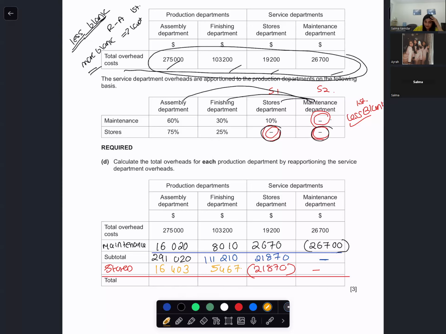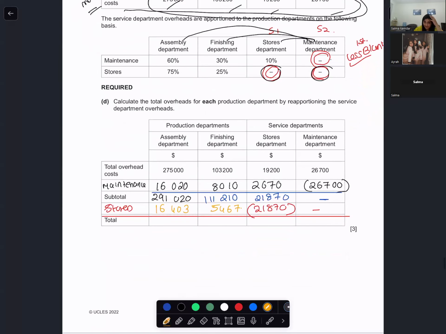It's 5,468, because it says 0.5, so we have to round it to the bigger number. So the total of both should become 21,870.